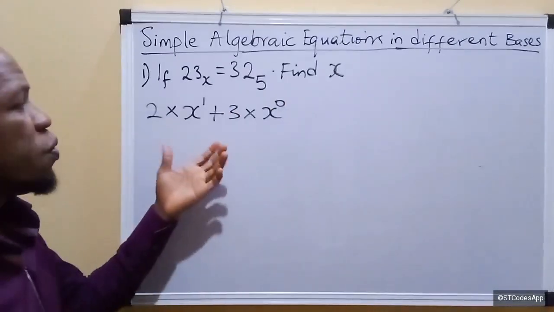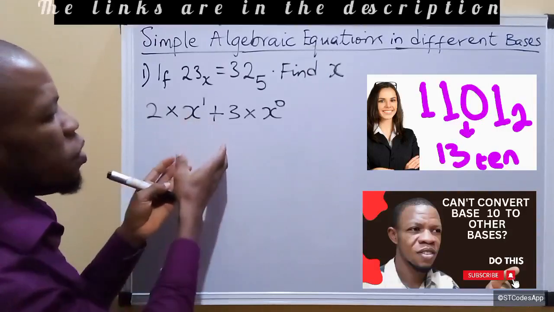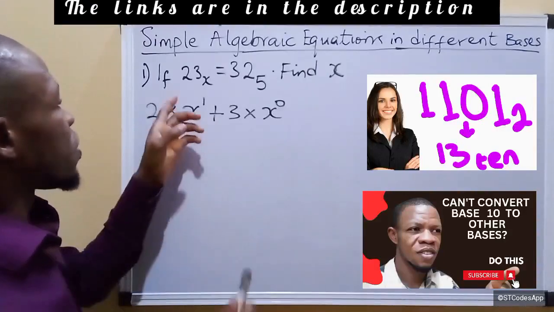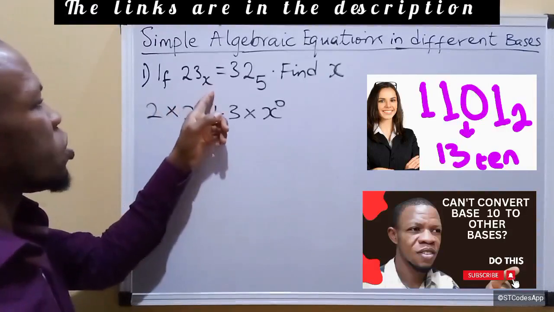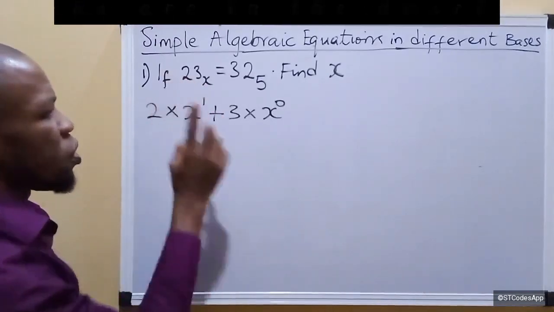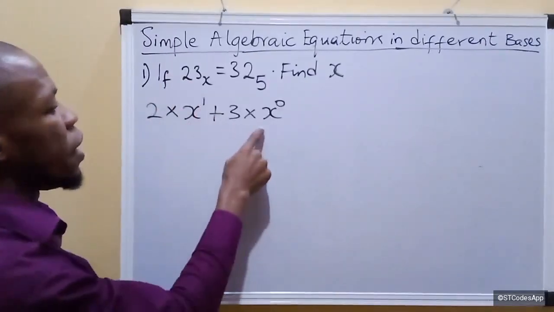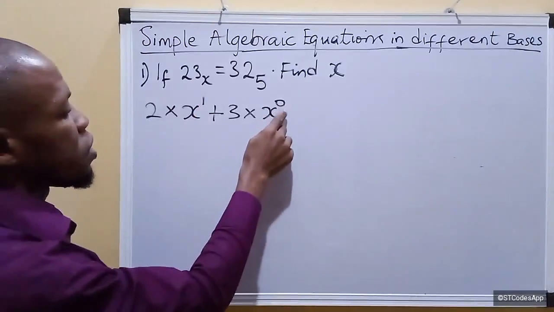We've explained in previous videos that in converting a number to base 10, we multiply the digit by the base raised to the power of the position of the digit minus 1. Since we have 2 digits here, if we subtract 1, we're going to have 1. That is why we'll have x raised to power 1. Then the next will be x raised to power 0.